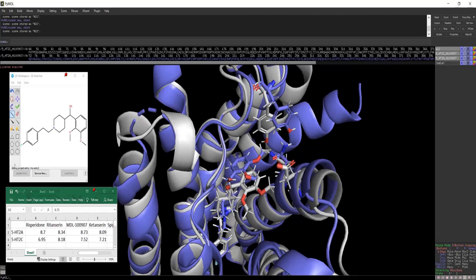with the glutamic acid. In fact, this model correlates relatively well to previous structure-activity relationship studies that have been done.